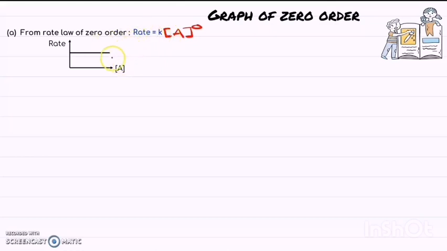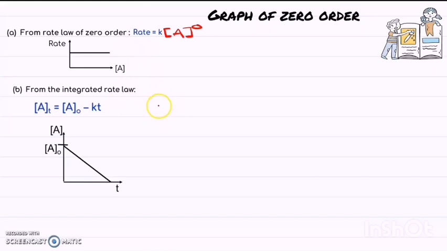So class, for zero order, the rate is independent of concentration of reactant. Or in other words, if you change the concentration of A, the rate is still constant. That's why we get this kind of graph when we plot graph rate versus concentration of A for zero order.